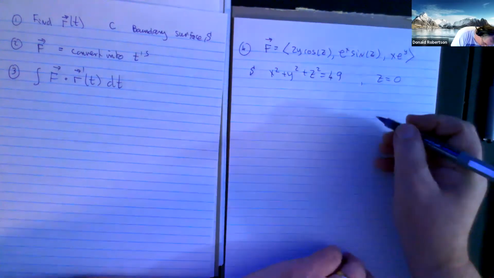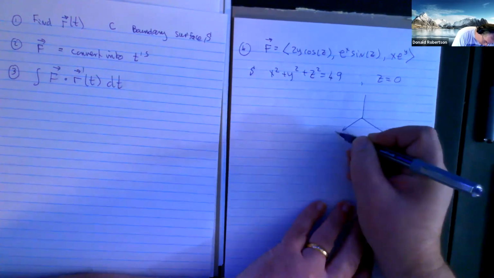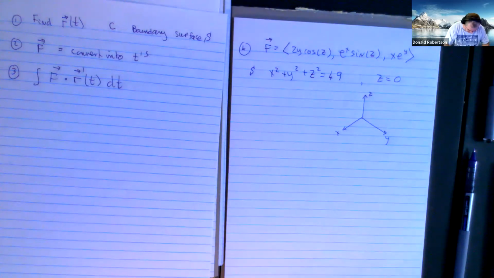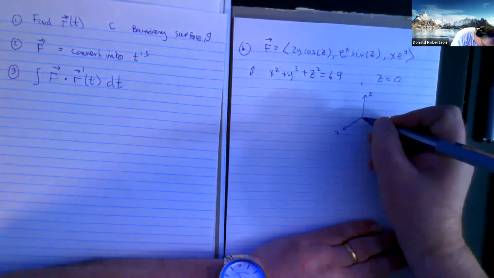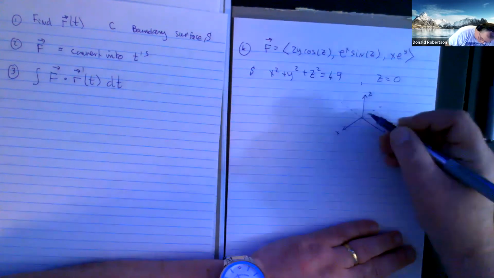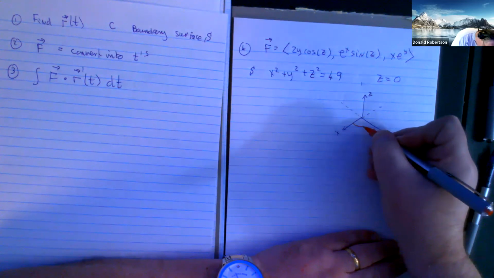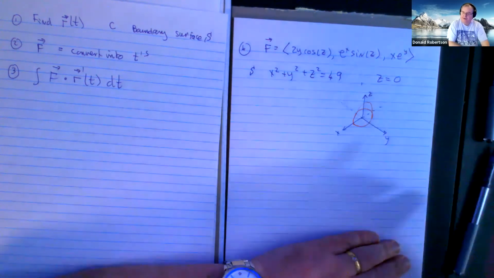So if you can imagine what that surface would look like, it's a hemisphere, right? Half a sphere, and it's in z equals 0. So it's basically this guy here, right? The top half of a sphere.